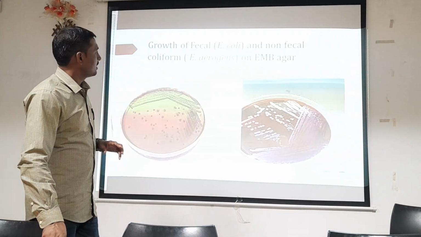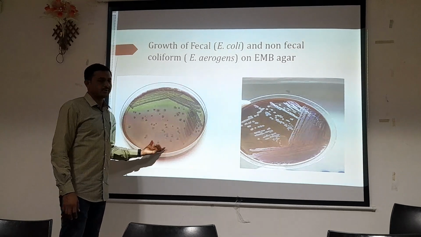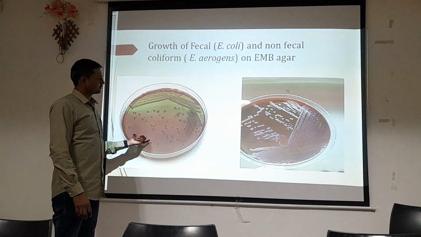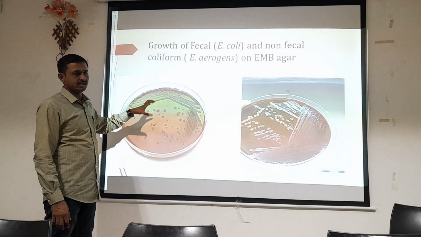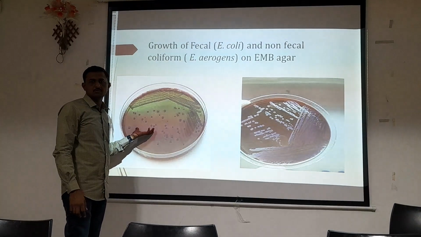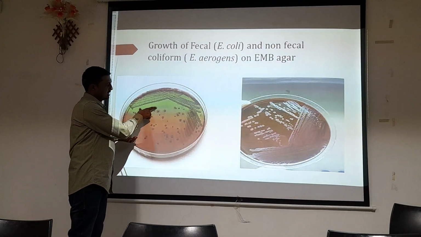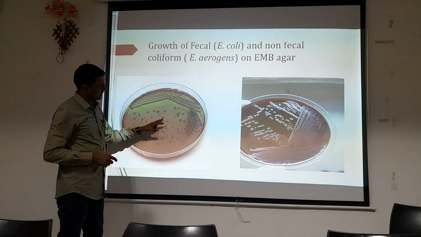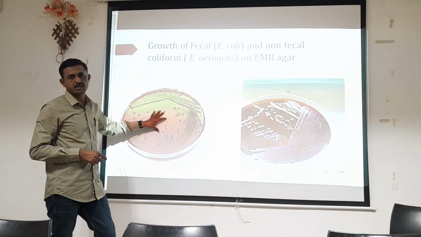Here in this diagram, you can observe a plate of EMB agar, eosin methylene blue bile salt agar. If the organism is from fecal contamination, it shows characteristic growth, that is metallic sheen and dark center colonies. It is typical of E. coli on an EMB agar plate.